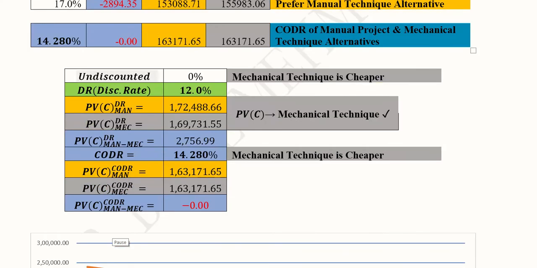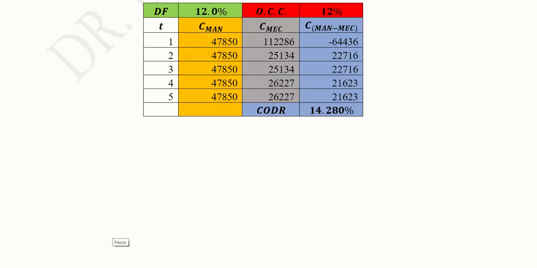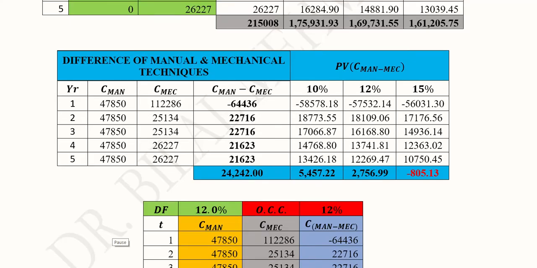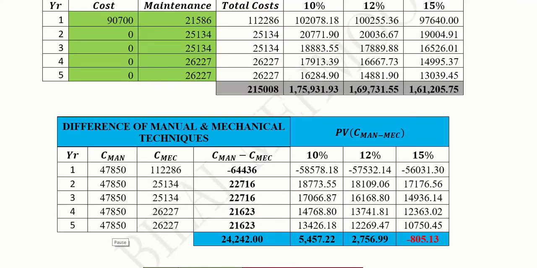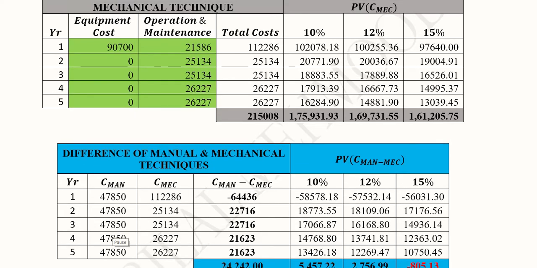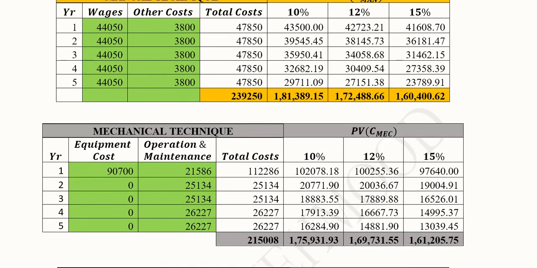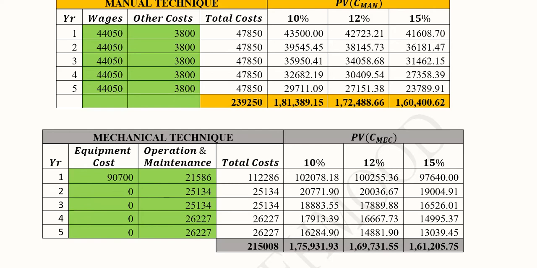Now we have the undiscounted analysis, where there is no discount rate, and for that we saw that the mechanical technique was cheaper. Going back to the main table, these were the undiscounted tables, and this is the overall view. So now you see the manual stream as well as the mechanical stream.